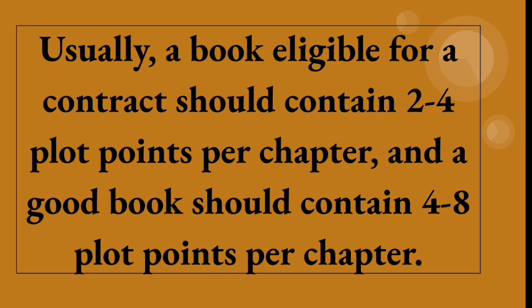Okay, usually for a book to be eligible for a contract, this is from my observation, it should contain 2 to 4 plot points per chapter, and a good book should contain 4 to 8 plot points per chapter. Don't panic, I'm going to explain it all.